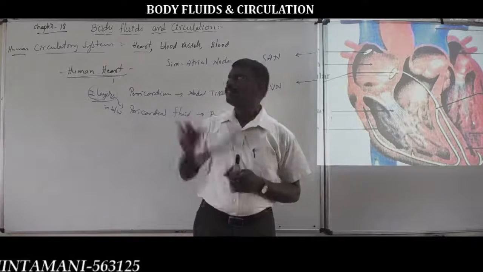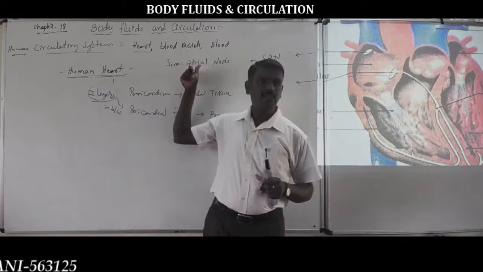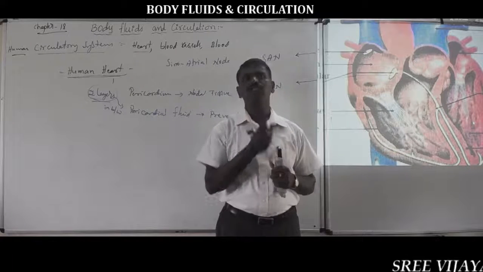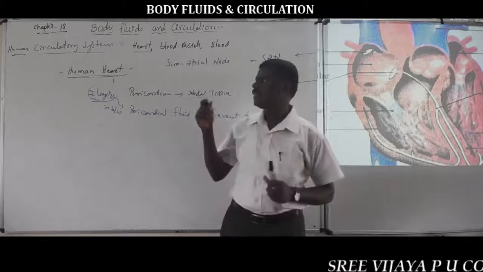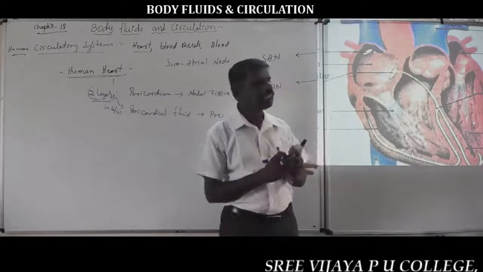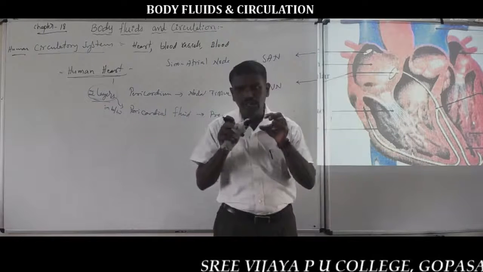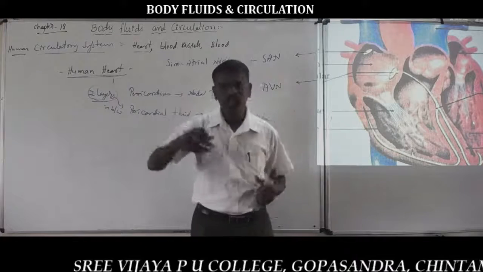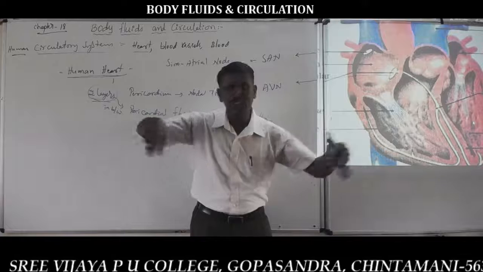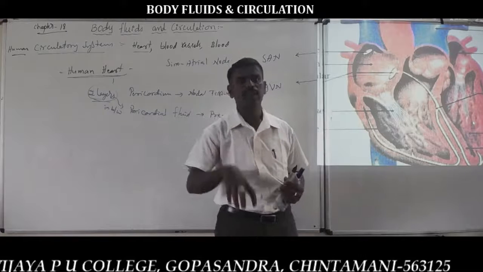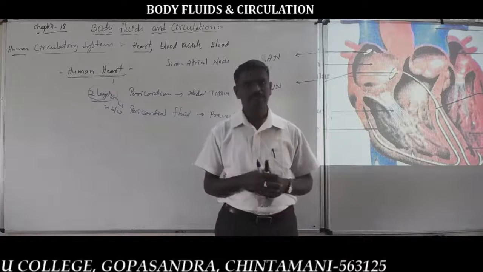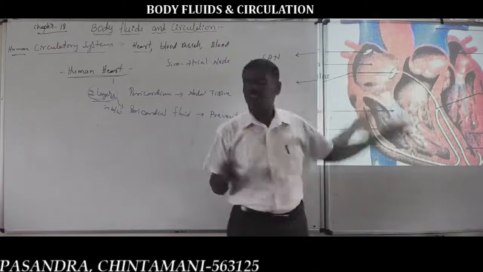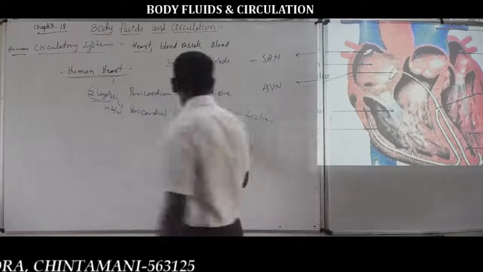Like the SAN, it helps in the initiation of contraction of the heart muscles. The signals circulate in a wavy nature, like the waves encircling the spot where we drop a stone on water. Those waves reach here, the AVN.